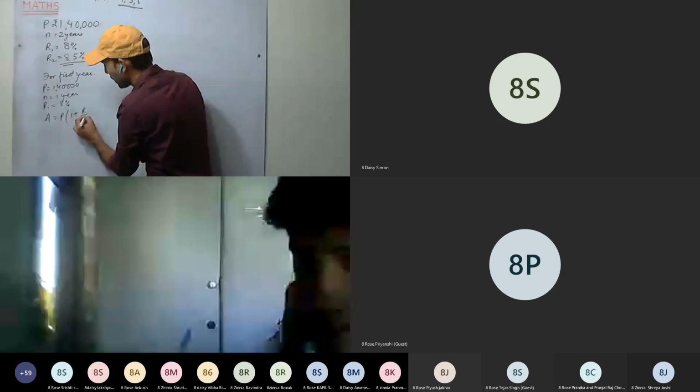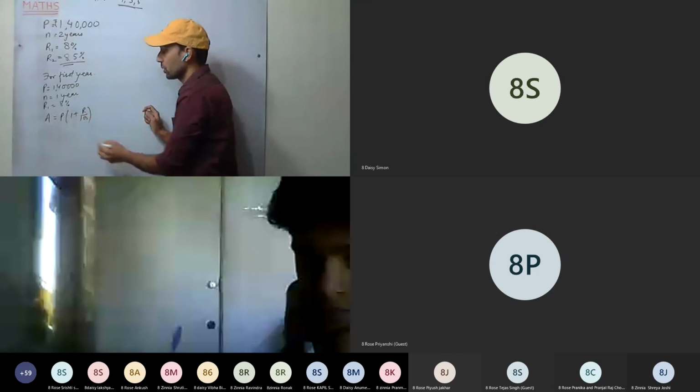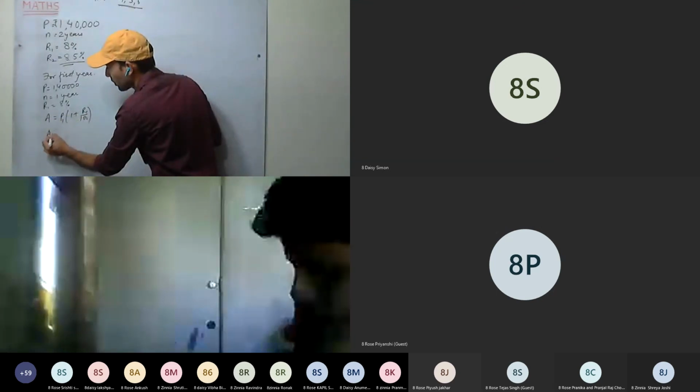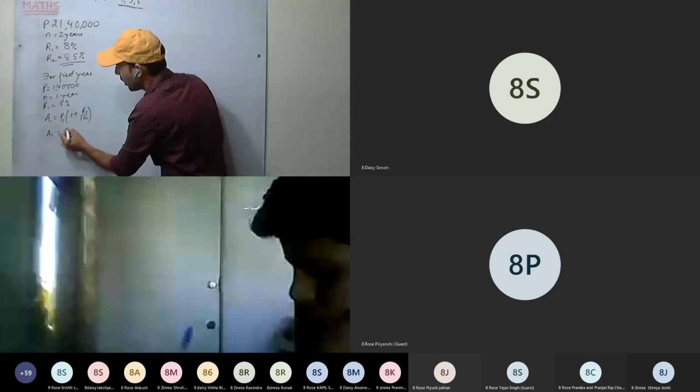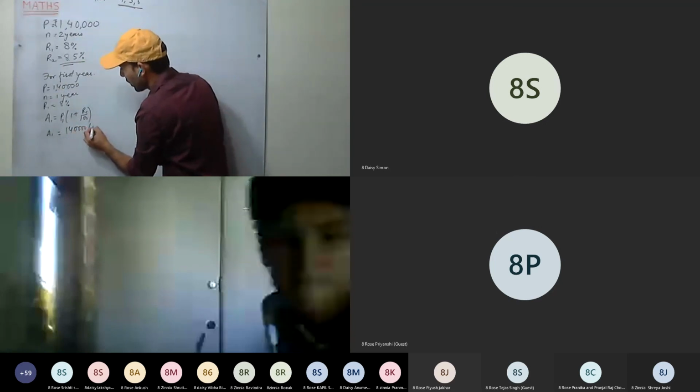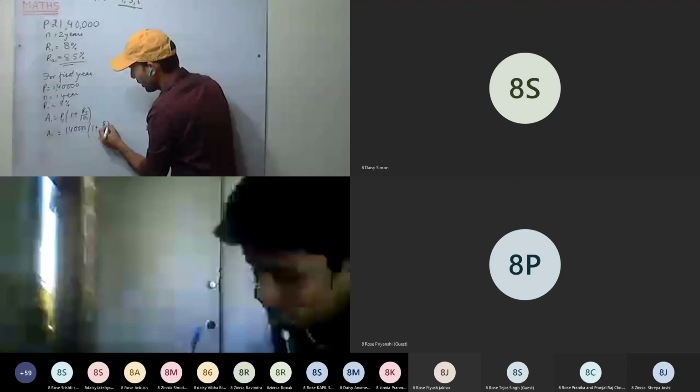Now calculate the amount after 1 year: A1 equals P1 times 1 plus R1 upon 100. Put 1,40,000 times 1 plus 8 upon 100.